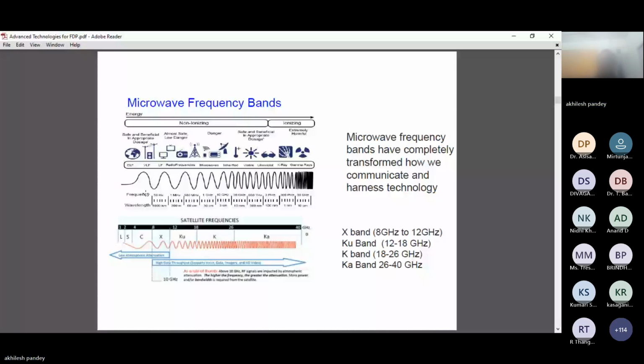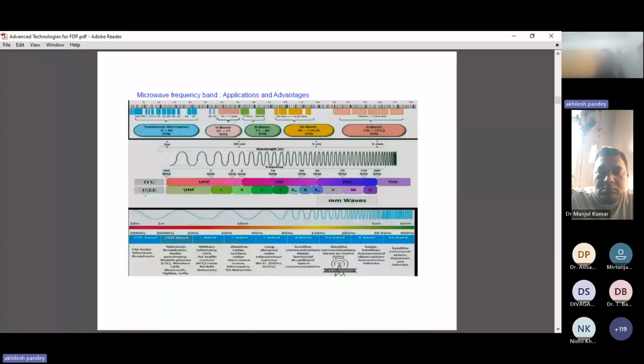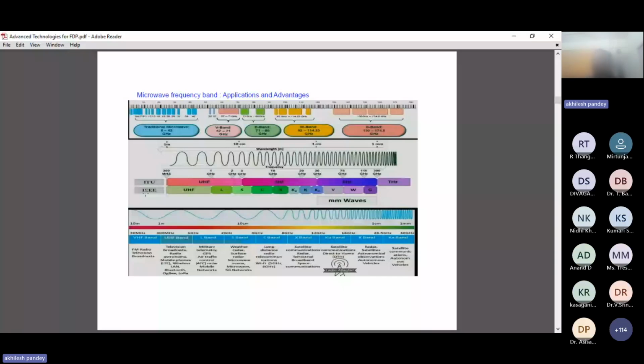Now, the microwave band and frequency band have various applications and advantages. S band can be used for satellite communication. C band is for long distance radio telecommunications, and Ku band is for satellite communication and DTH applications.